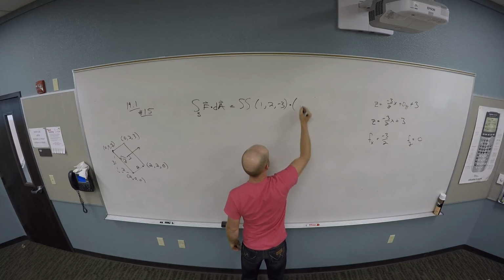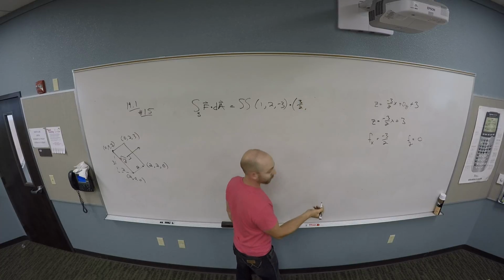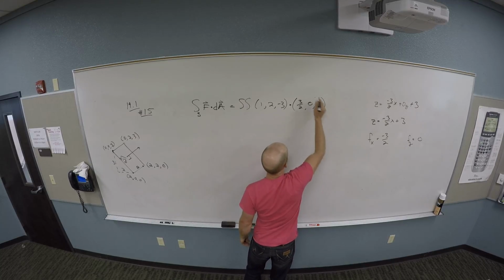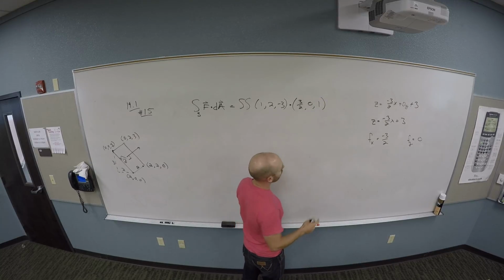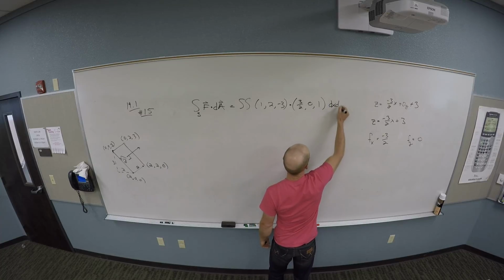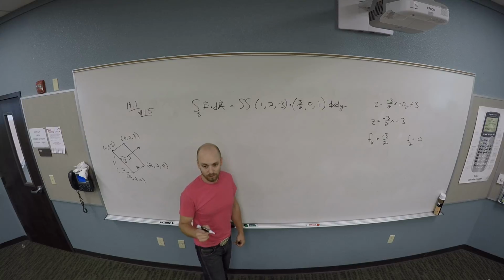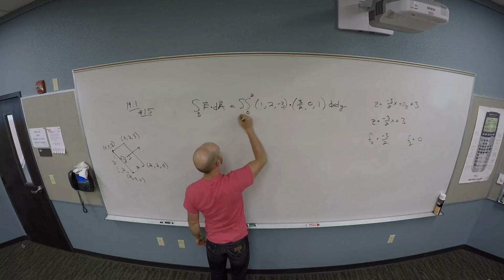And you have positive 3 halves because the formula has a negative in it. 0 and 1. dx, dy. And x's and y's, they range from 0 to 2, 0 to 2.